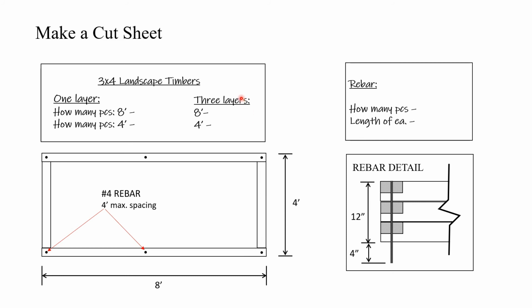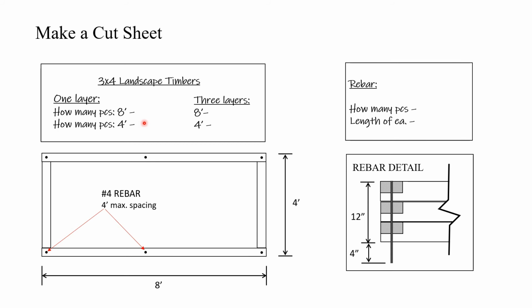All right, then when we're done with that, we'll multiply it by 3 because that's how many layers we have here. So you would just take the number of pieces you have on your first layer, multiply times 3, and it will tell you how many 8-foot boards you need. Here, you do the same.